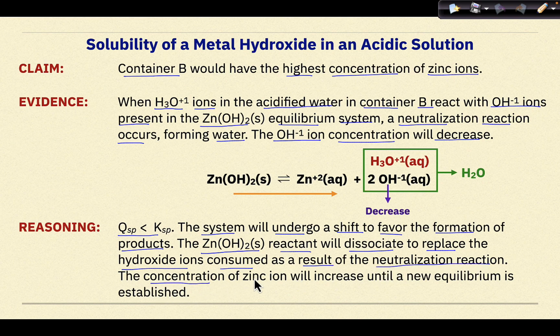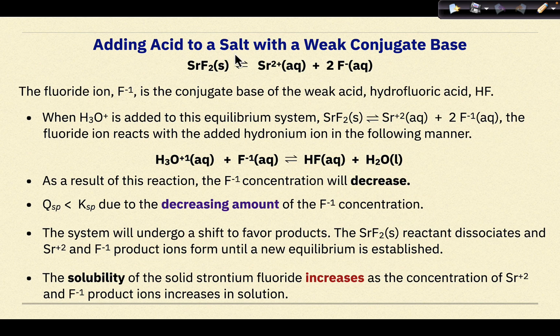The concentration of zinc ions will increase until a new equilibrium is established. Adding acid to a salt with a weak conjugate base. The fluoride ion F- is the conjugate base of the weak acid hydrofluoric acid, HF.